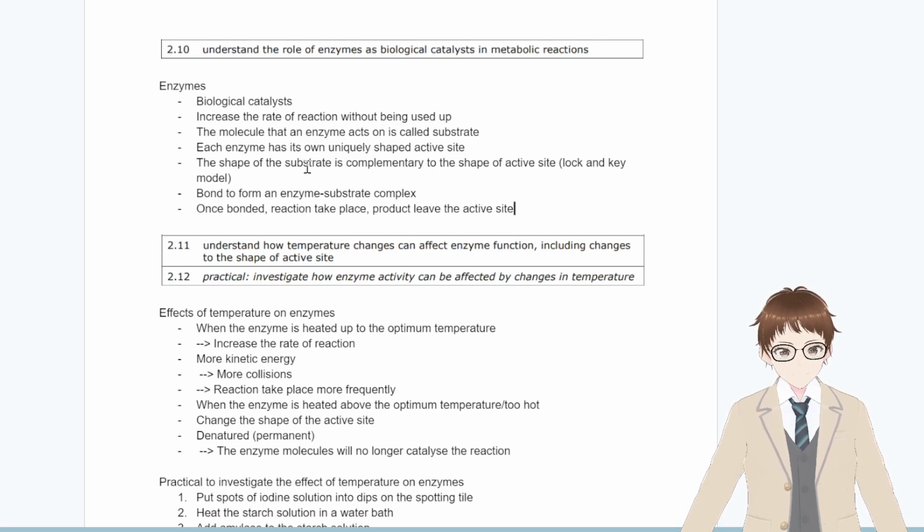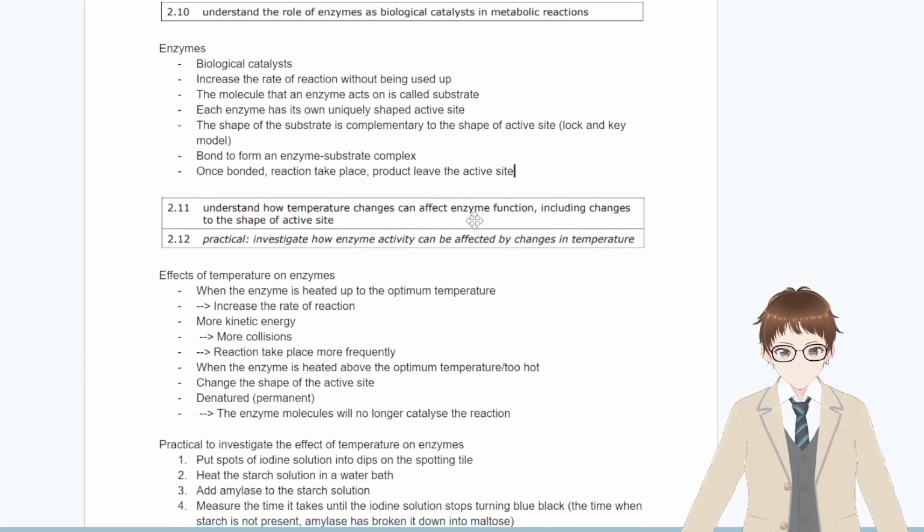The shape of the substrate is complementary to the shape of the active site, and this is called the lock and key model. So they bond to form an enzyme-substrate complex, and once bonded, the reaction takes place. The product leaves the active site.